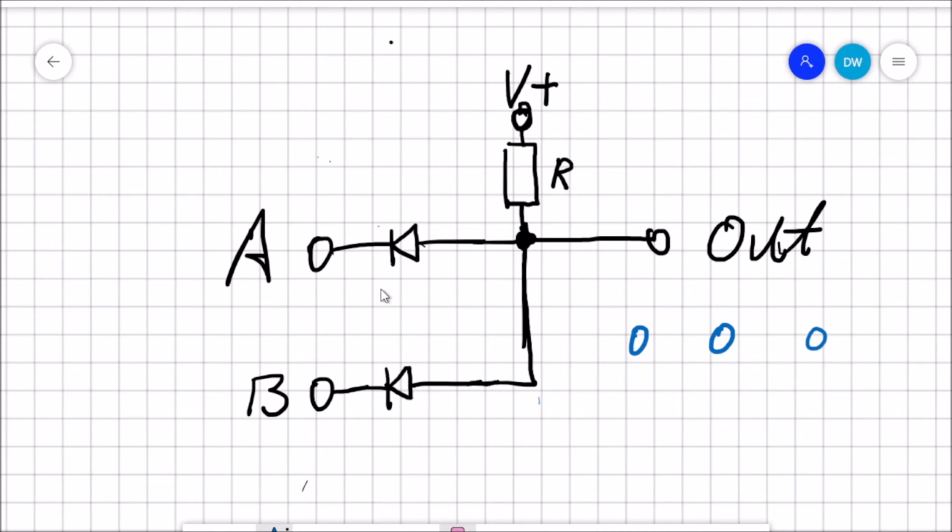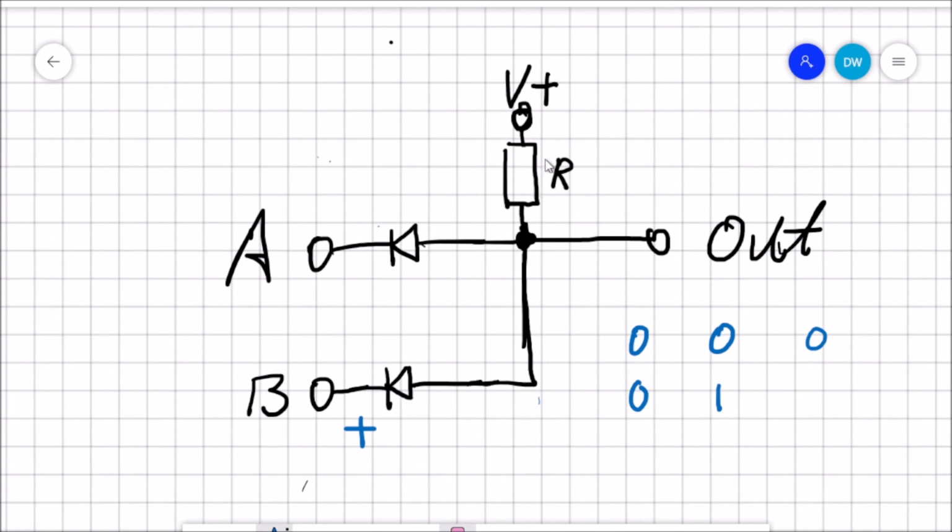If either A is on or B is on, so let's say A is off and B is on, what happens is that if B is on, there will be a voltage here. It creates a forward bias at this diode, which means the current can no longer flow through here.